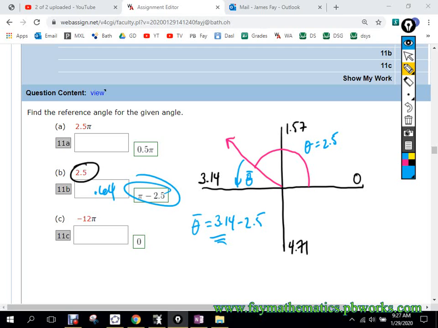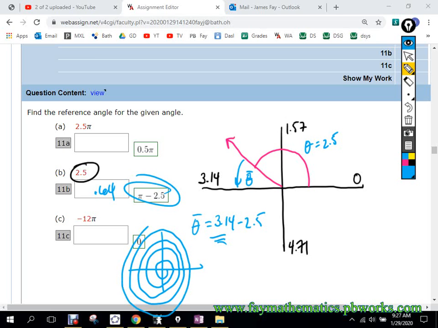Yes. For the negative 12 pi there, do you just add 2 pi to get more? Yeah. So you can do it one of two ways. So negative 12 pi, we go, well, that would be 1 revolution. That's 2 pi, right? But it was negative 2 pi because I went in that direction, right? There's negative 4 pi, negative 6 pi, negative 8 pi, negative 10 pi, negative 12 pi, right?